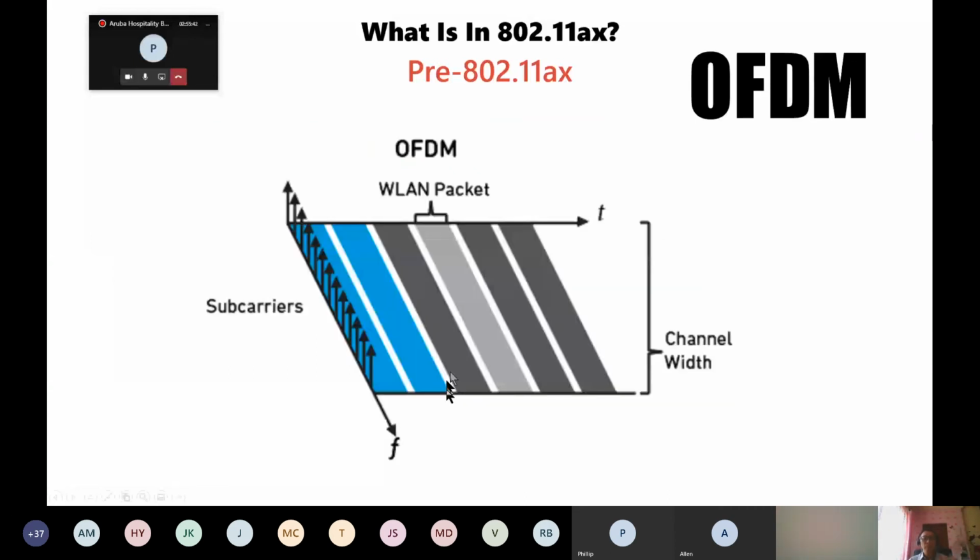If I were to display it in a more scientific view, this is a typical RF view where you have a time scale and a frequency scale, and the entire block of frequency is the channel width. The stripes in there are actually packets. One transmission at one time carries one packet and goes to one client. Another packet goes to a different client, a third packet goes to a third client, and then it goes back to the second client. Individual clients get service one at a time. That is OFDM.